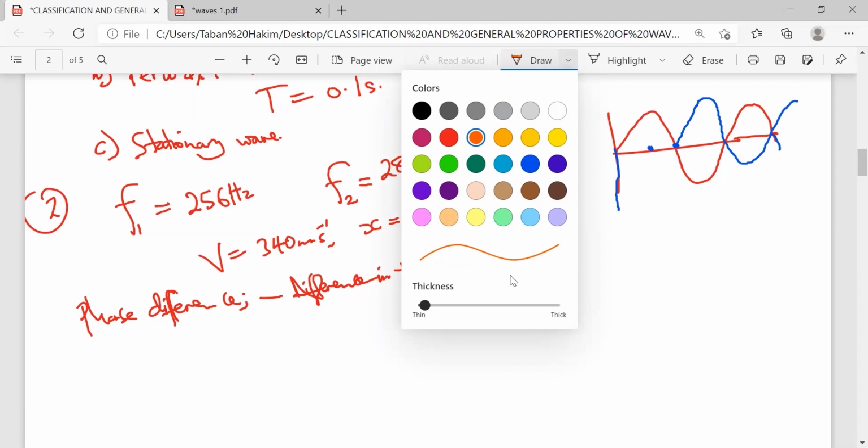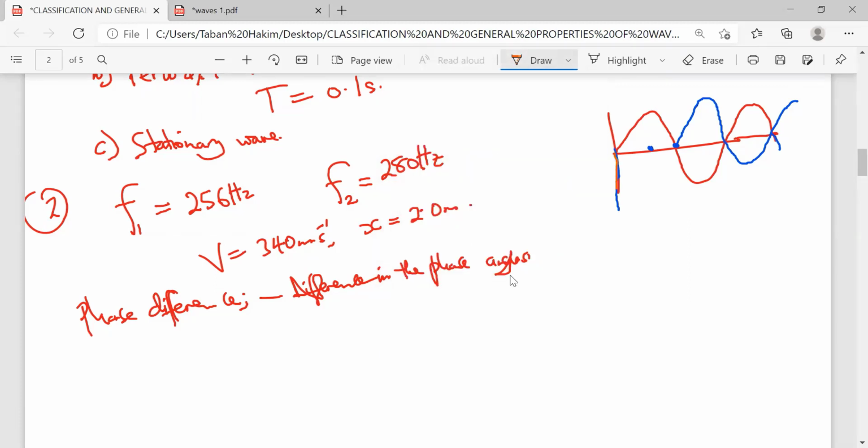The distance from this point to this point is what we call half of the wavelength. From here to there, that is what we call the wavelength. If the red wave and the blue wave have a difference in phase angle of half the wavelength, the phase difference will be pi.